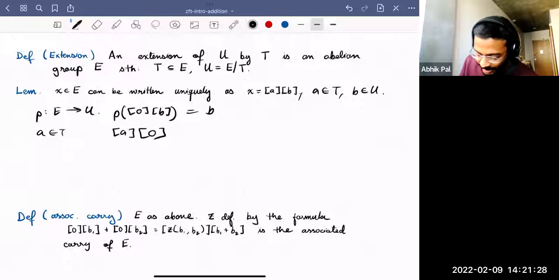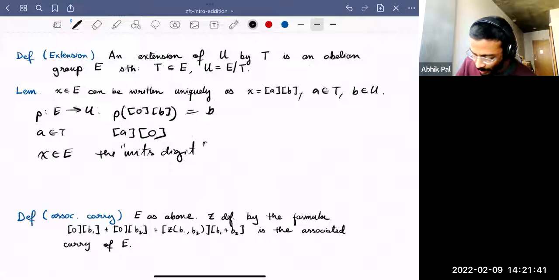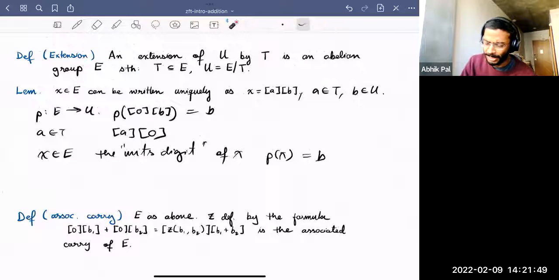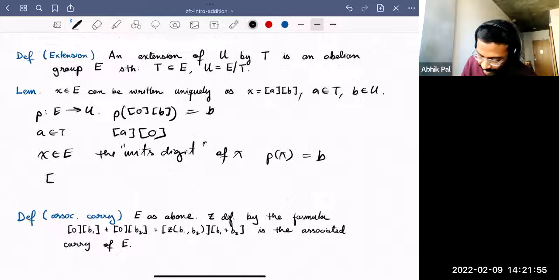If I have these two things, and I start with any arbitrary X, the units digit of X, I should put that in quotes, is just whatever I get after I project it down to the group U. And once I have the units digit, I can in fact recover the tens digit.